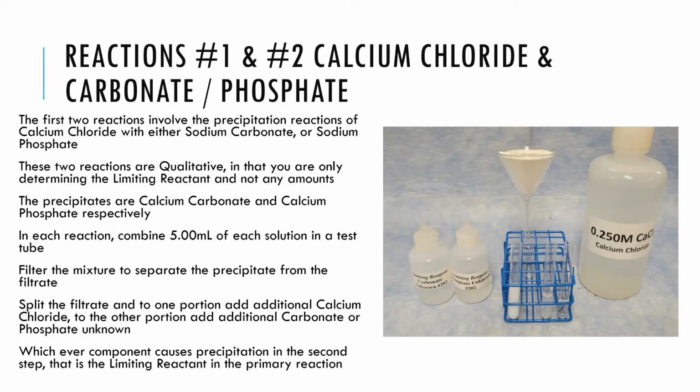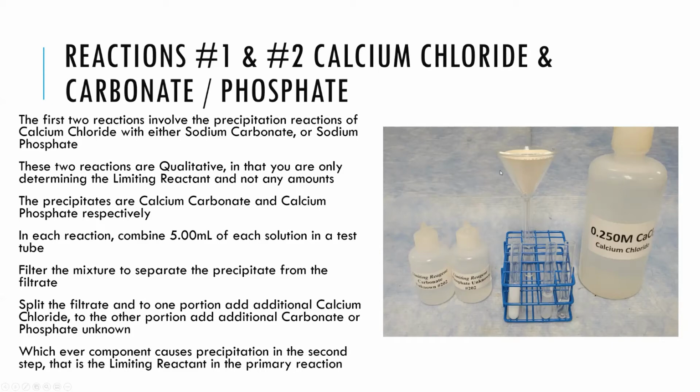The liquid contains all of the unreacted ions. And once you have that liquid, you can split it in 2 separate test tubes and perform a second test. To one test tube, you would add additional calcium chloride, and to the other test tube, you would add additional carbonate.